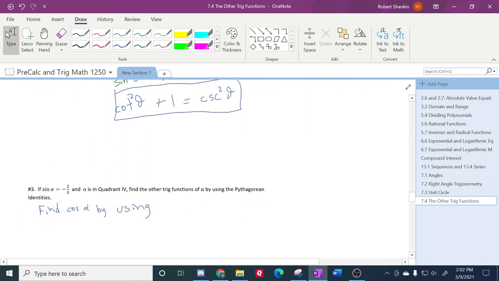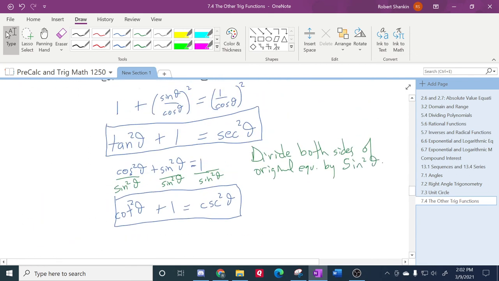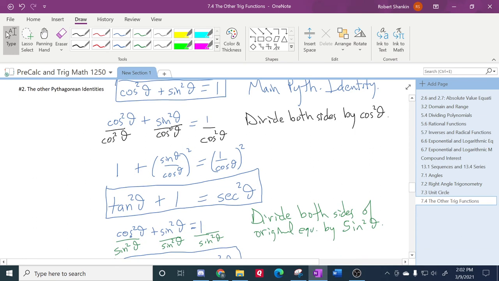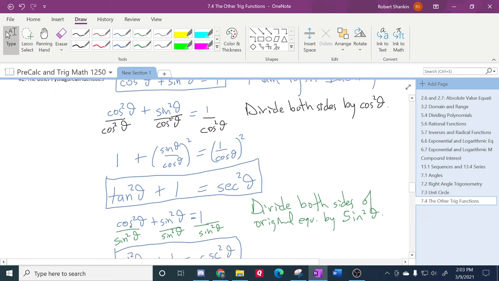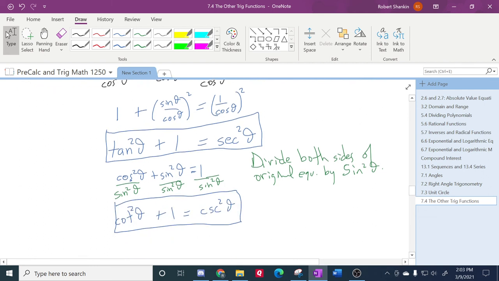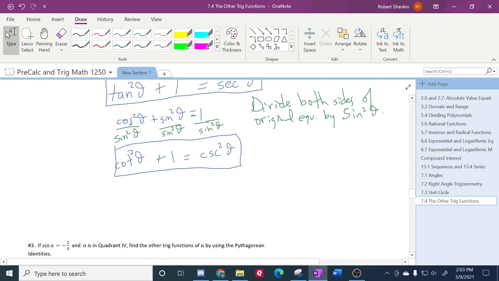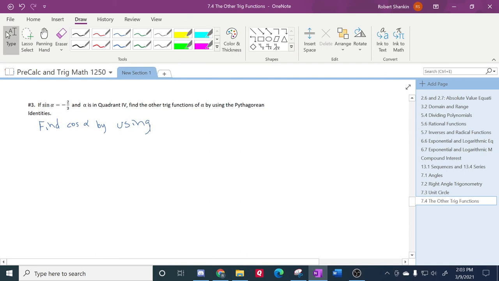Now, we know sine and we're trying to find cosine, so we want the first one. If we knew tangent and secant, and were trying to find one from the other, use this next one. If you knew one of these 2 and need to find the other, use this one.